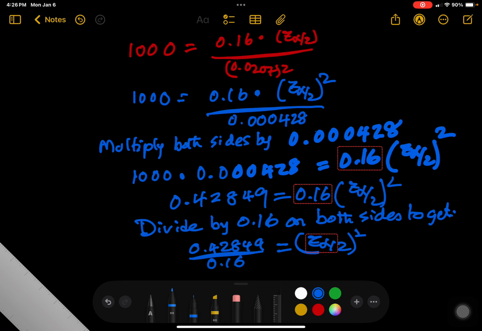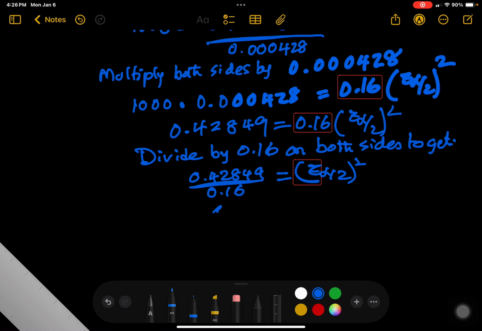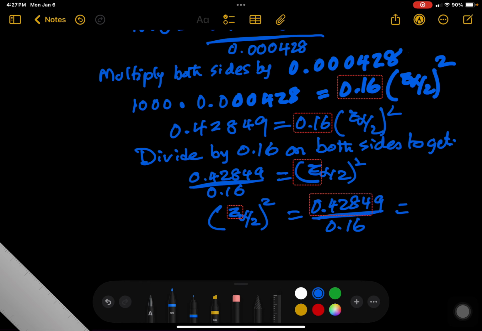Or we will simplify this, moving Z alpha by 2 to the left hand side, is equal to 0.428 divided by 0.16, which is equal to 2.678.